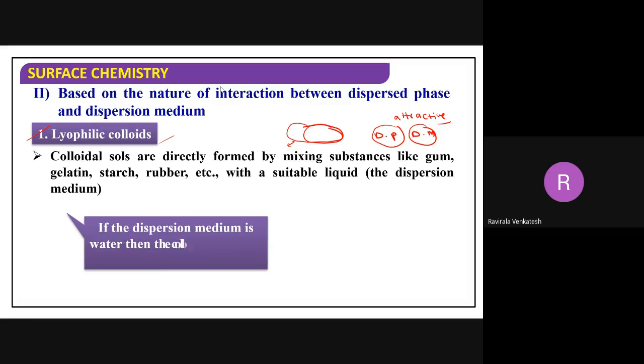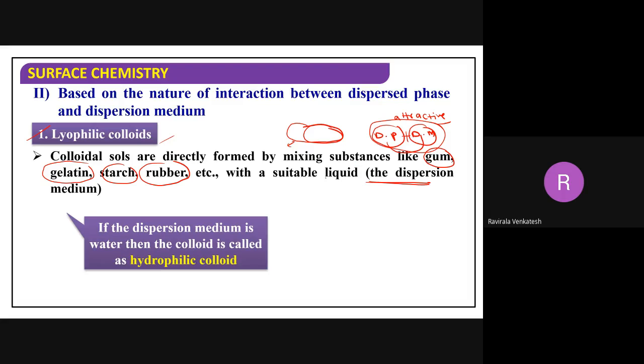If you want to prepare lyophilic colloids, we get them easily. Whenever we mix the dispersion phase and dispersion medium, immediately we get a colloid. Colloidal solutions form directly by mixing gum, gelatin, starch, rubber, etc. in a suitable dispersion medium, in a suitable solvent, which is in liquid phase.